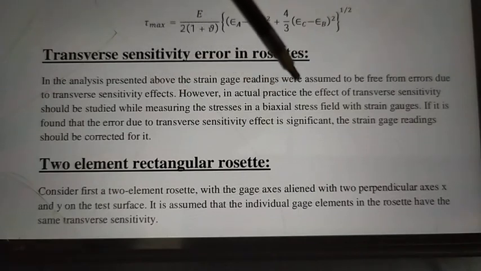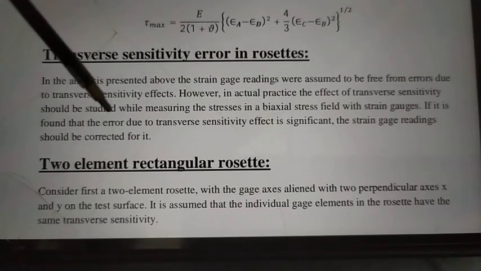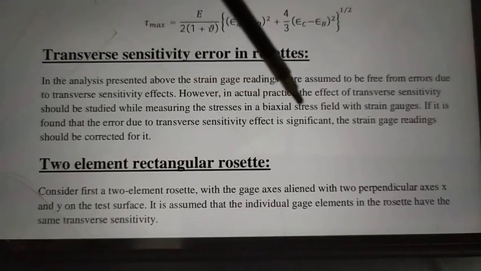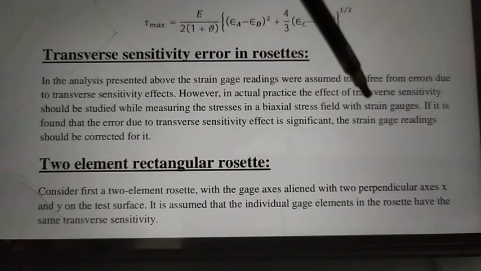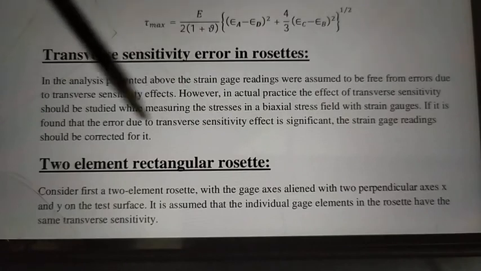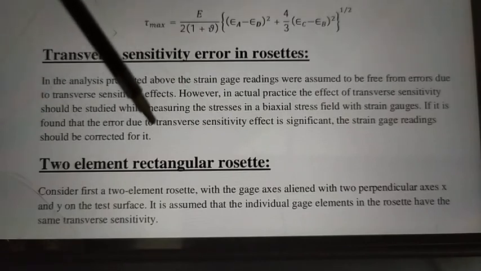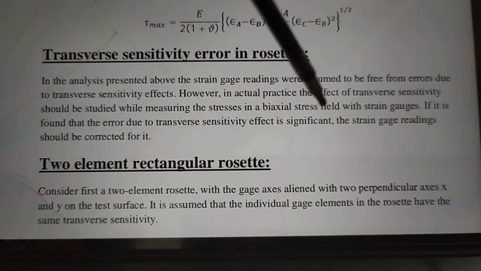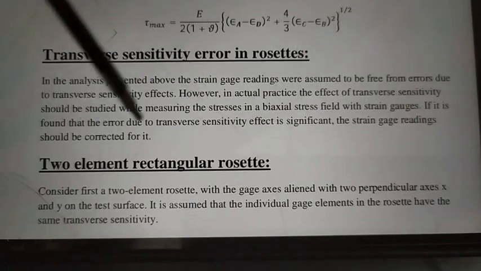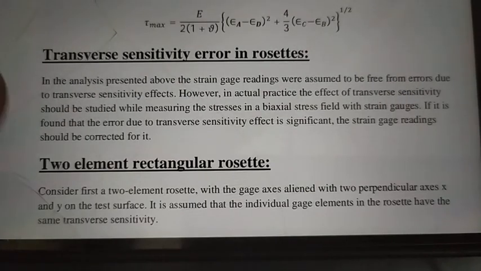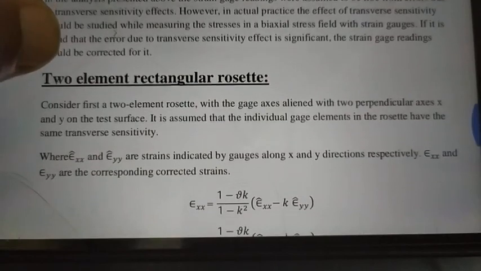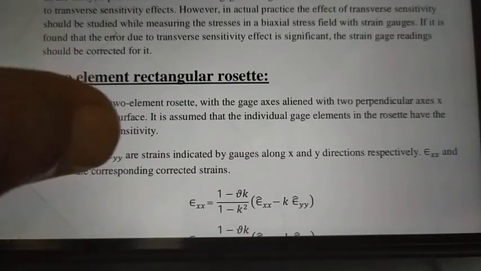However, in actual practice, the effect of transverse sensitivity should be studied while measuring the stresses in a biaxial stress field with the strain gauges. If it is found that the error due to the transverse sensitivity effect is significant, the strain gauge reading should be corrected for it. They are saying there is some transverse sensitivity; if it is there, you have to correct the strain gauges.